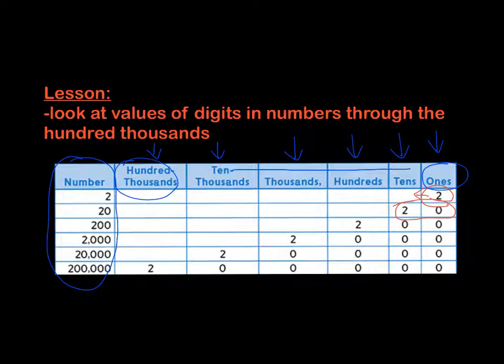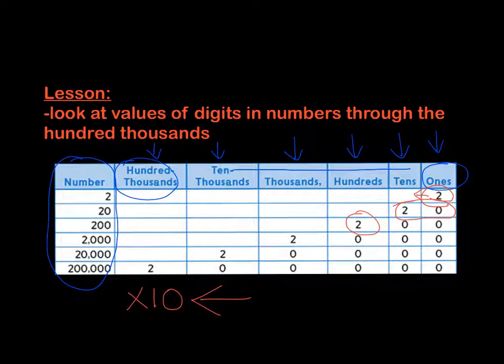If we look at the third row, we have our 2 in the hundreds column, and again if we take 20 times 10, we get 200. So anytime we travel to the left, we are multiplying times 10.